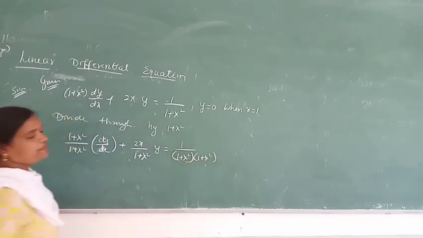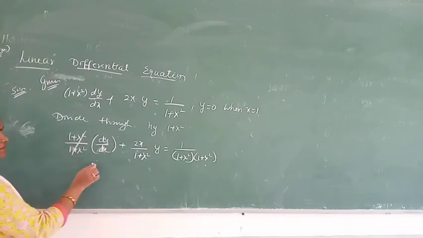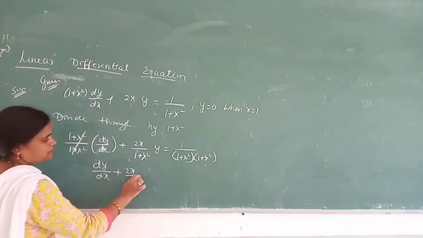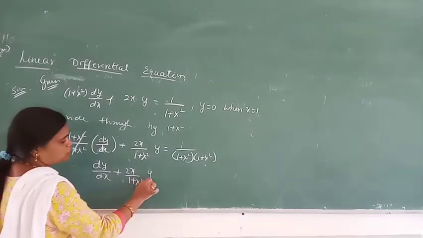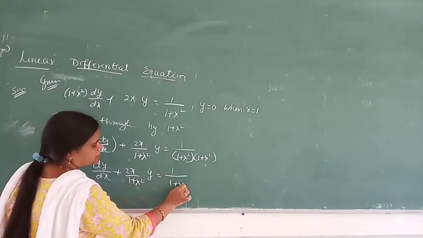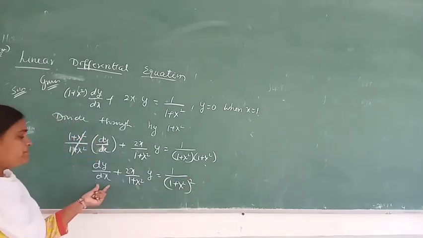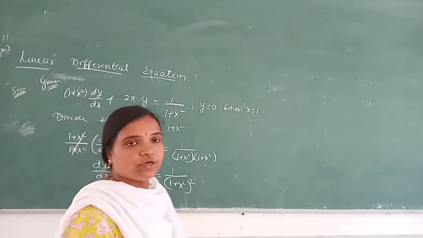Once you have divided, the terms get cancelled, and you get dy by dx plus 2x by 1 plus x square into y equal to 1 by (1 plus x square) the whole square. And already we know that this is in the form of dy by dx plus py equal to q.